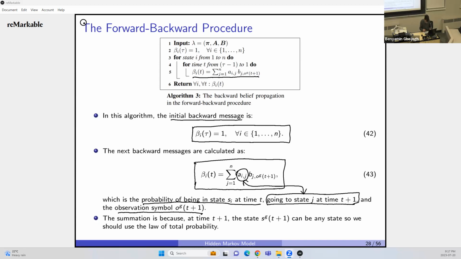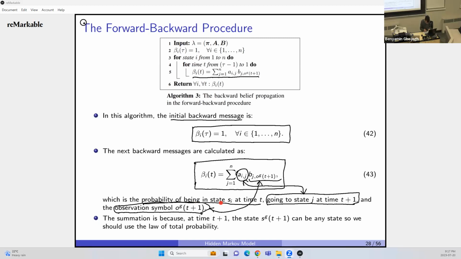And what is Bj(O_t+1)? It means that from Sj, I emit the observation O_t+1. So this is exactly here. This is responsible for this.